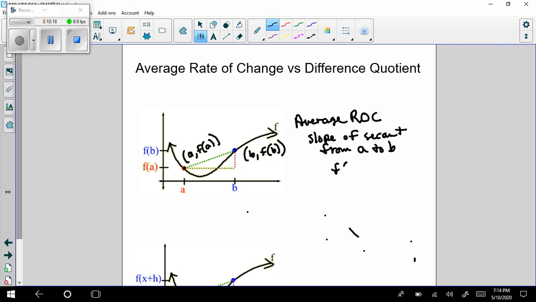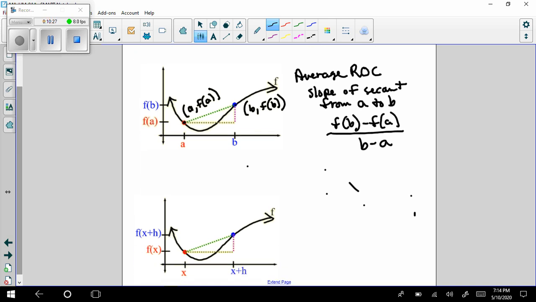Which is f of B minus f of A all over B minus A. So basically change in Y over change in X. Same thing you've been doing ever since you probably did pre-algebra.